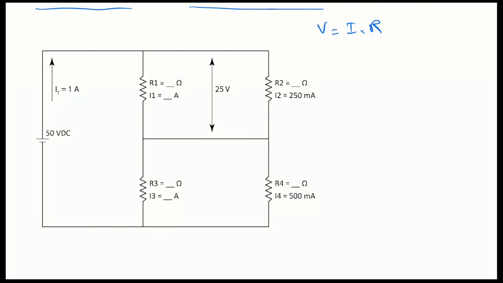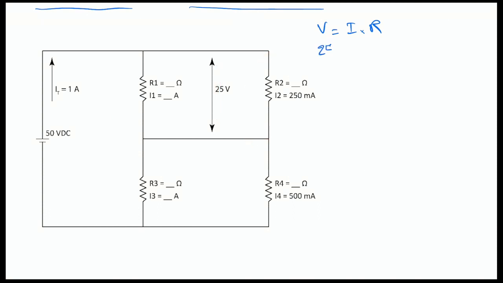Okay, so at first sight, let's just have a look here. This resistor here, what we know about it is that it has 250 milliamps passing through it, and it has a voltage drop of 25 across it. So this here is 25 volts. I think that qualifies.